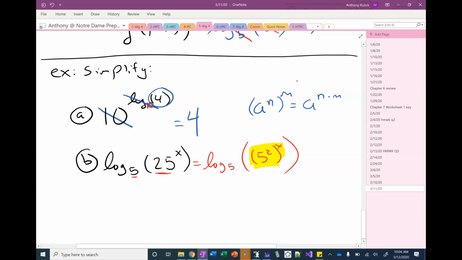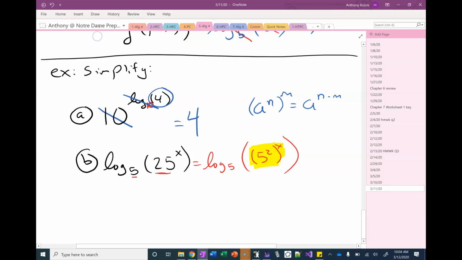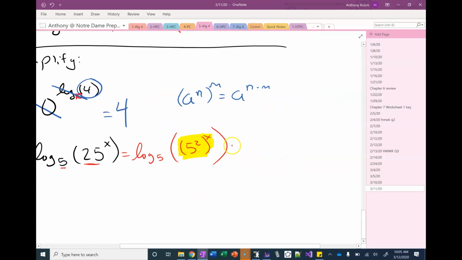So that would just be 5 to the 2x, right? Because we're just going to multiply the 2 and the 2 exponents. So if I have an exponent of an exponent, the exponents just multiply.